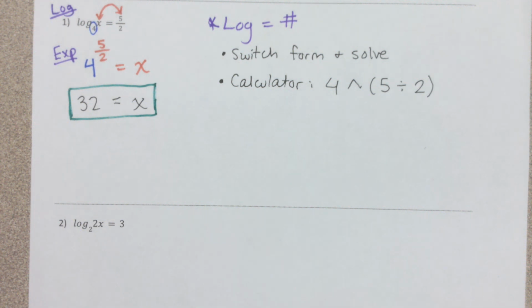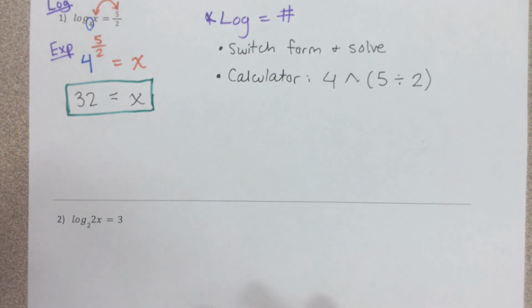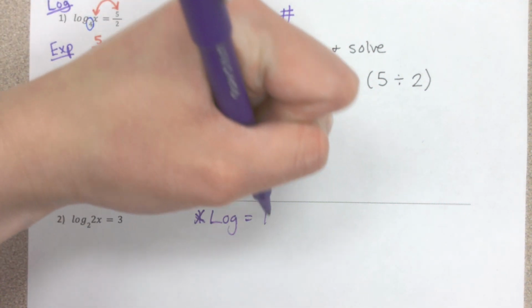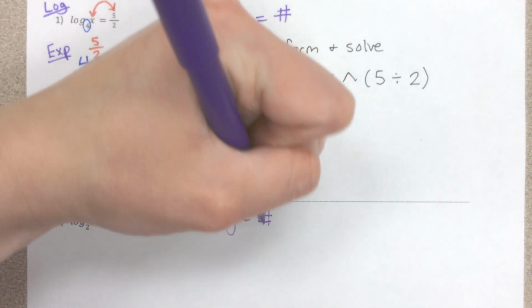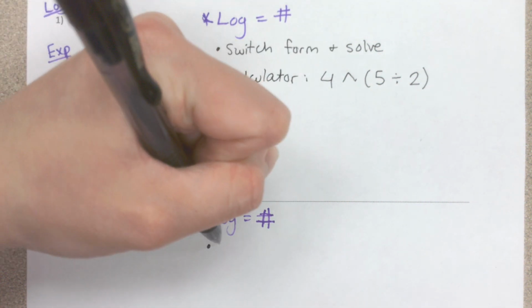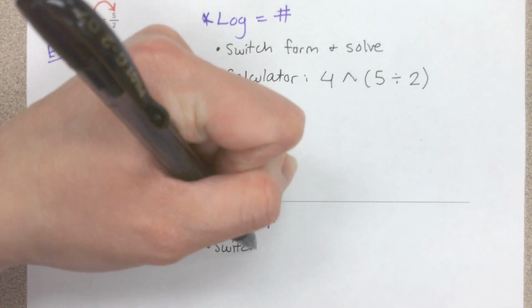Once again, we have a log equals number set up here. And when we have log equals number, we switch the form and solve.